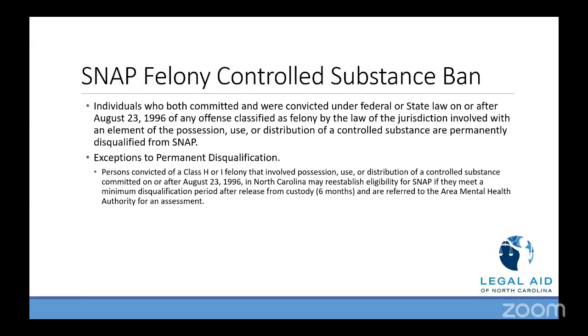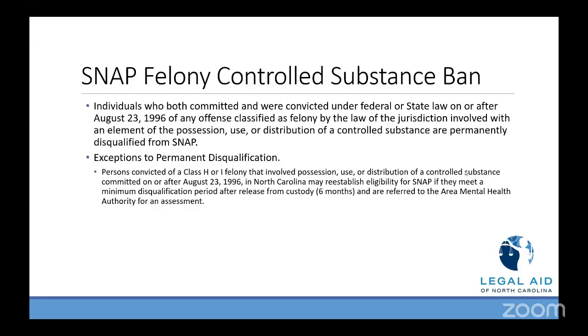There's also a felony controlled substance ban. This applies to individuals who were convicted of an offense that was a felony that involved some element of possession, use, or distribution of a controlled substance. Those folks are permanently disqualified from SNAP benefits. Even if the felony occurred in another state, they're still going to be permanently disqualified.